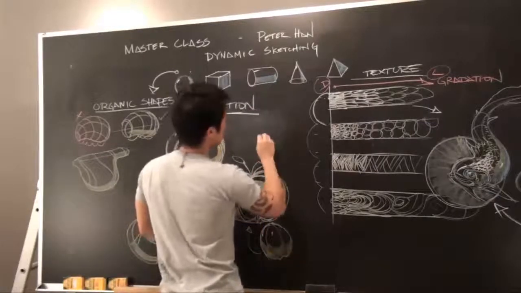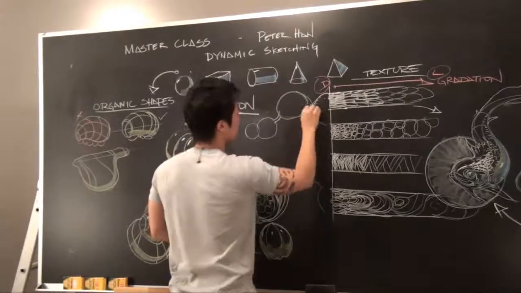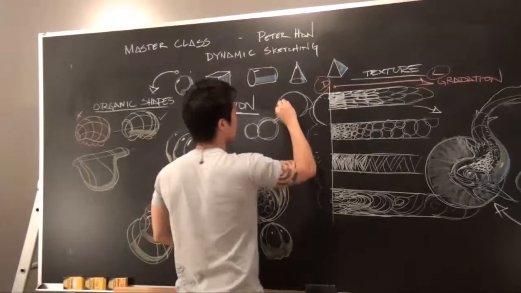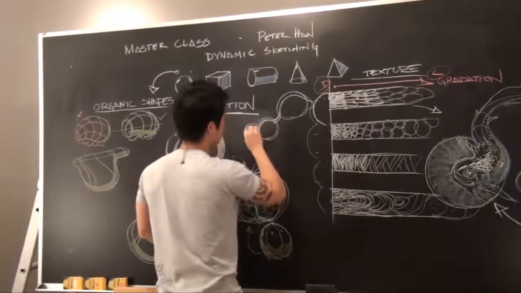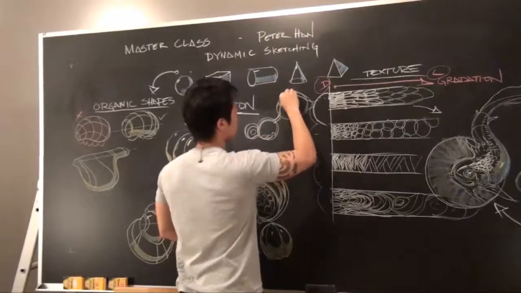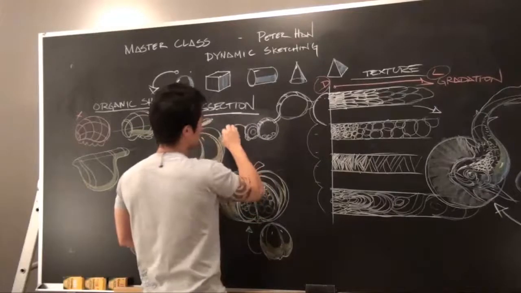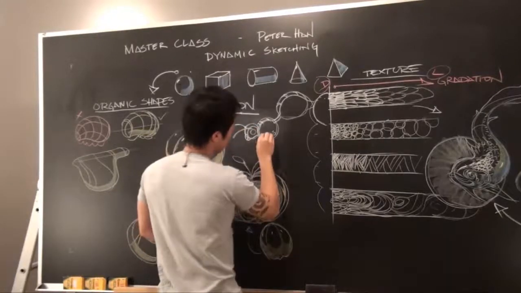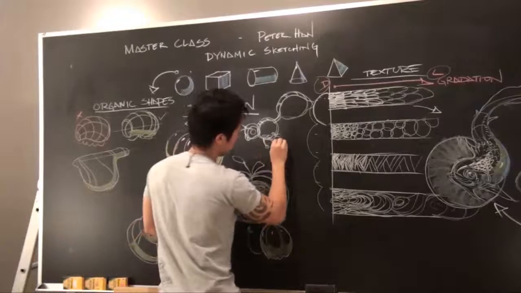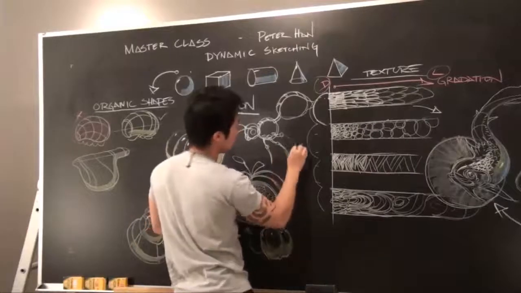For instance, let's use an ant. Using organic forms, I've constructed my initial lay-in.